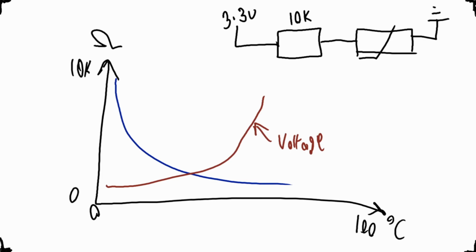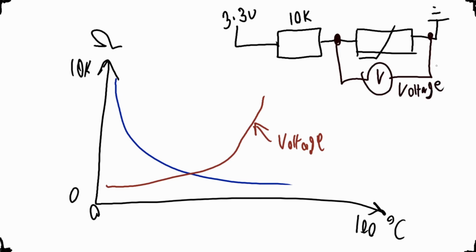So what we mean when we say a voltage drop over the resistor is that we are taking a reading here and to ground with a voltmeter, and we're reading a given voltage on this line.